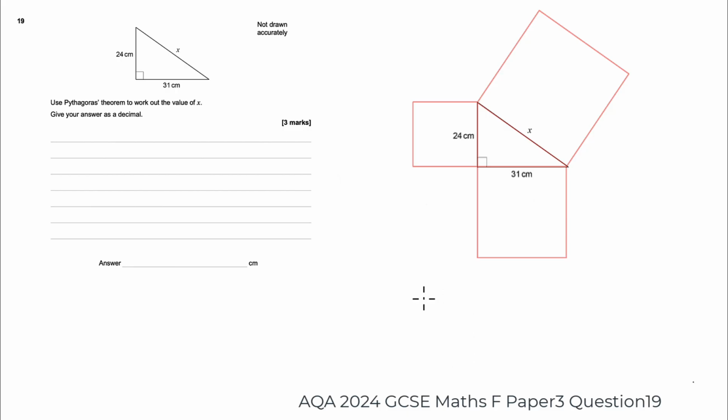We've got x squared, this large square here, would be the sum of the areas of the two smaller squares. And that's Pythagoras' theorem that we're using there. So let's get the calculator onto this to find out what 24 squared plus 31 squared is.